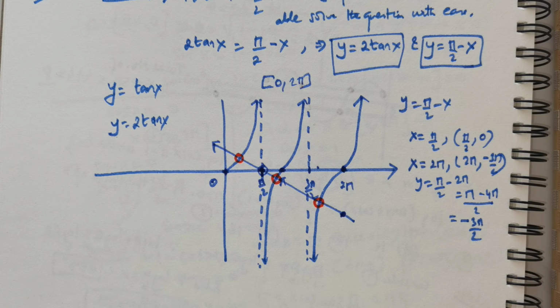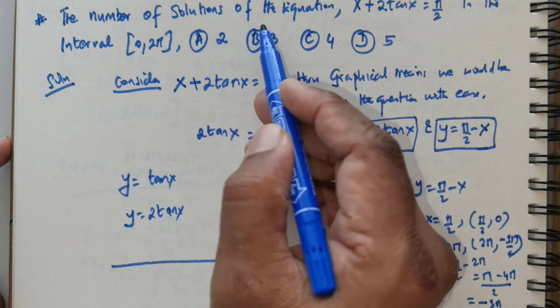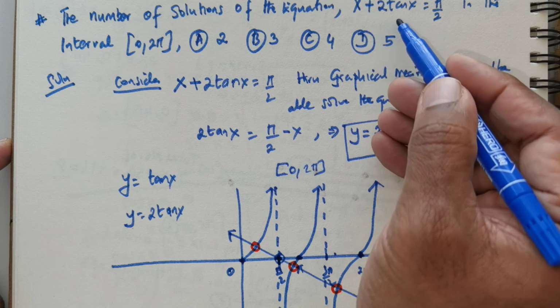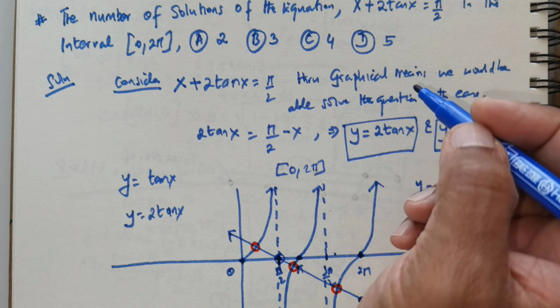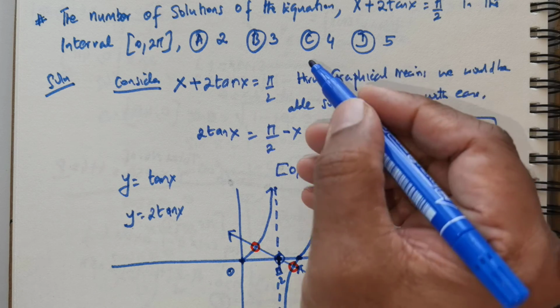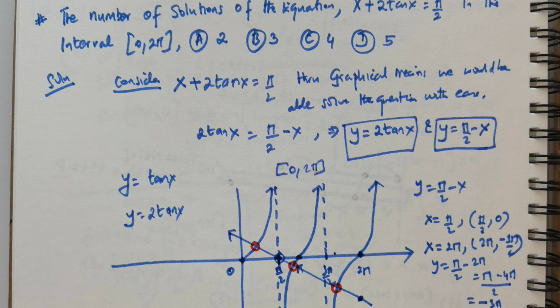The question wants us to find the number of solutions of the equation x + 2 tan x = pi over 2 in the interval. Without even stressing ourselves, we have obtained the solution. In this case, the solution is going to be 3.